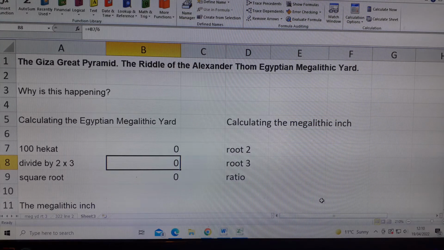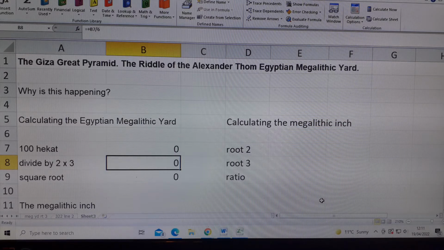And I'm going to pose a riddle in this video. Can anybody explain what's happening here, why it's happening, what's the reason for it? It's a calculation effectively proving that Professor Thom was 100% correct when he calculated his megalithic yard as 32.64 inches.